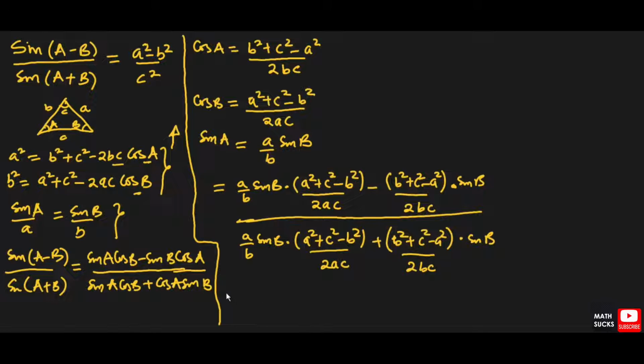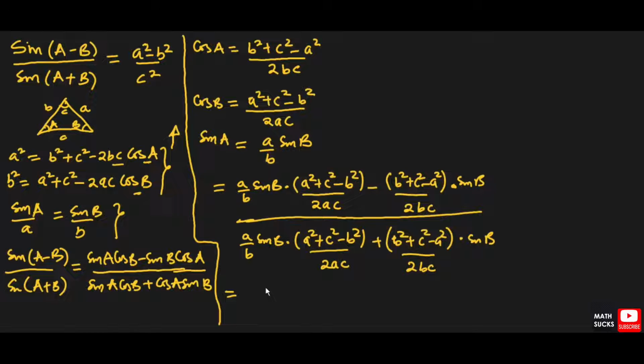Observe that the sine b is everywhere. It's a common factor, so we can pull it out and cancel it, or we can just cancel it directly everywhere since it's common. And then we can also observe that a is up here, so it can cancel with that. This doesn't cancel with anything, and also down here it can cancel.